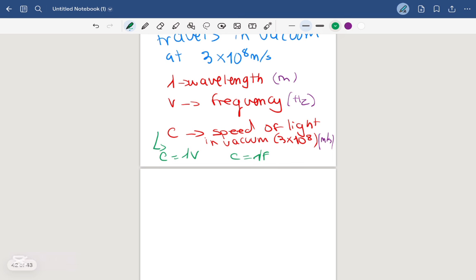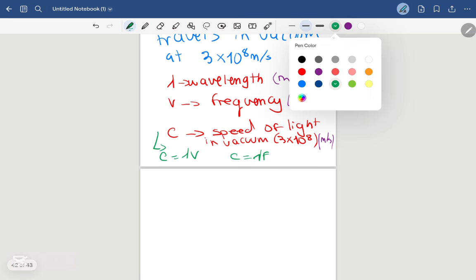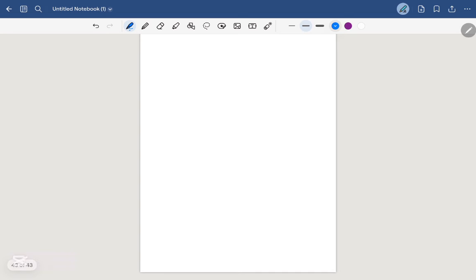So now, this, of course, you guys need to have it memorized. If you don't have it memorized, it's another big problem because this is, again, from physics. Okay, what do we know?